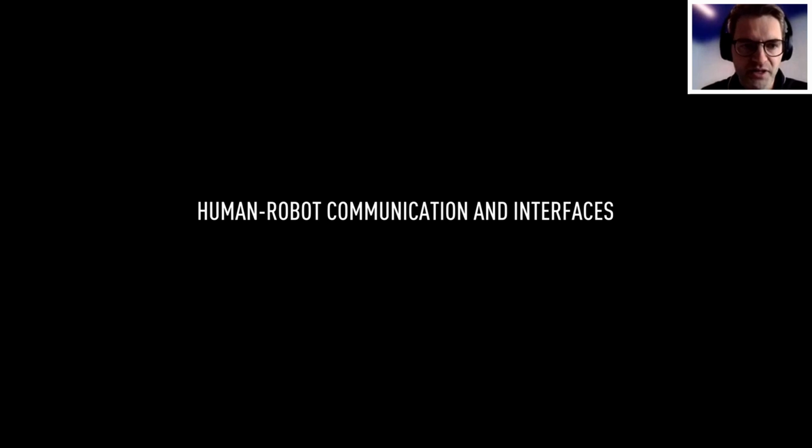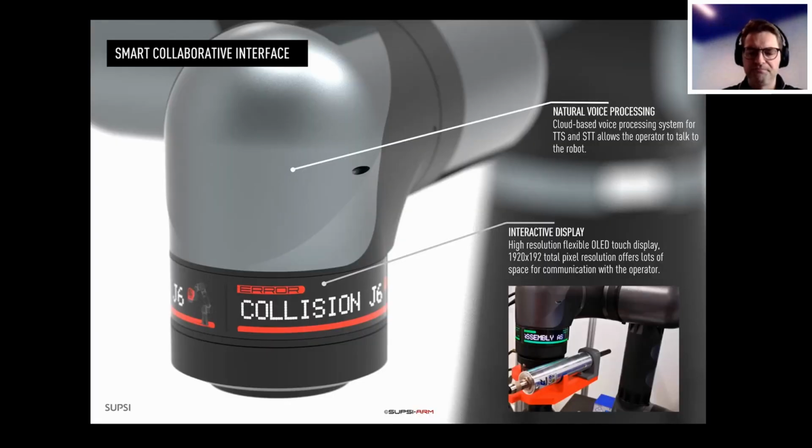Okay, and here the cherry on top, we included a very fancy feature which we have not seen before. What we did was to embed into the end effector the ability to communicate with the operator through an interactive display.